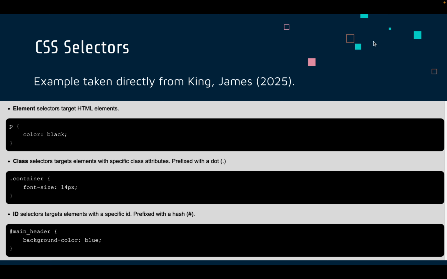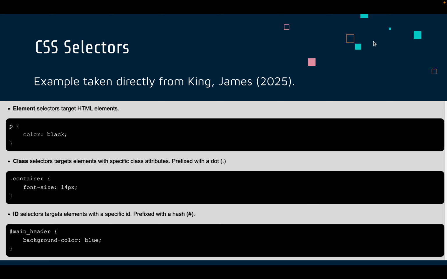You can select an element, and that's a pretty targeted element like I just gave, like P, paragraph for example. By using the CSS selector P, you will change any P elements in the entire HTML document. You can do a class selector, similar to object-oriented programming.